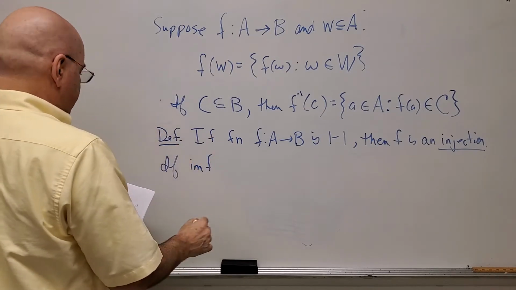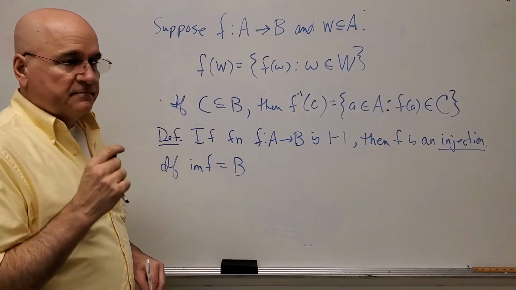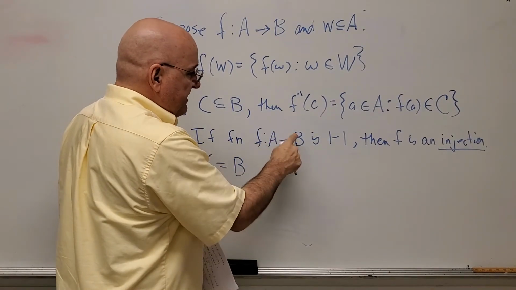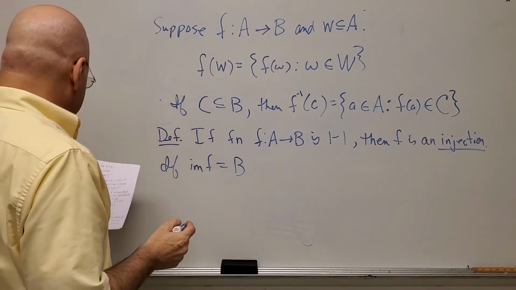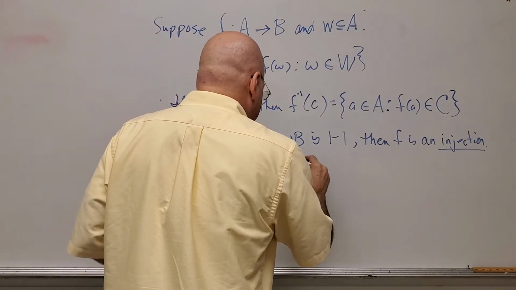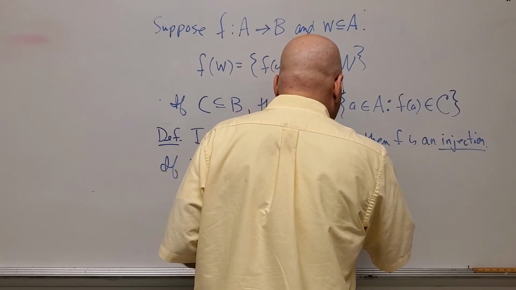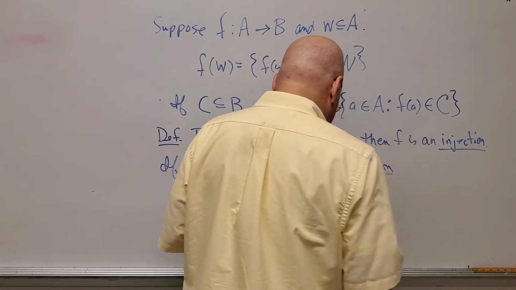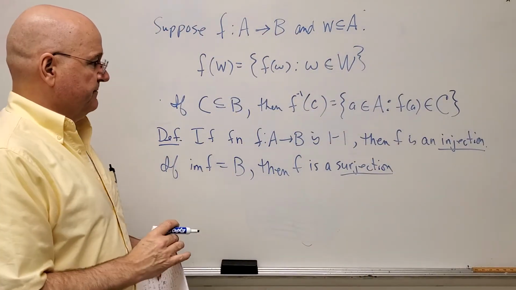If the image of f is equal to B, and what does that mean? That means that every element in B is mapped to from some element in A by the function f. In that case, then f is a surjection. And we typically call that an onto function.